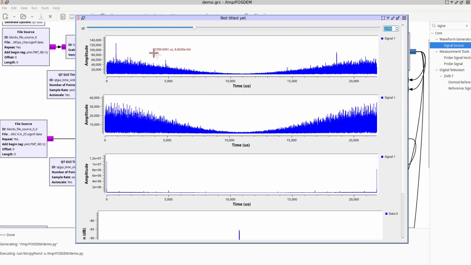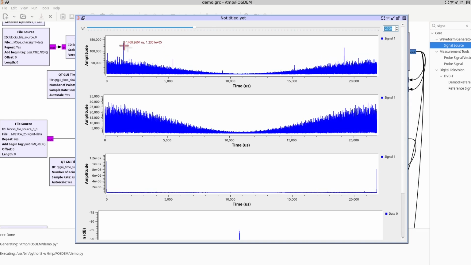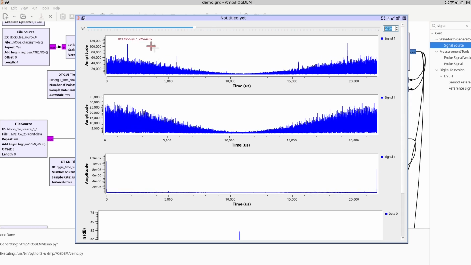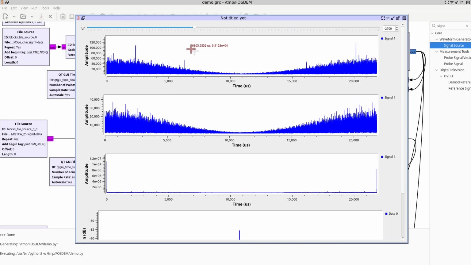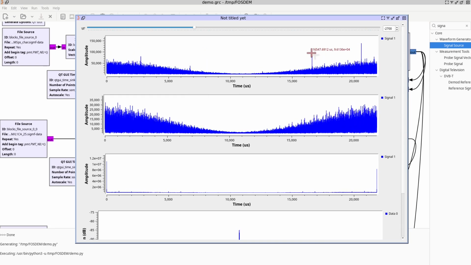And this time we have these correlation peaks which are further away because they repeat every 4 milliseconds. So if we stop the simulation, this is the windowing effect. So if we stop this and take the calculation, we have 16 milliseconds, we have 20 milliseconds, so Galileo is repeating every 4 milliseconds.